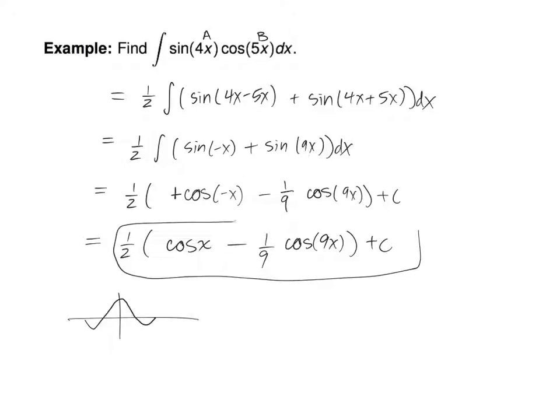Will WebAssign take either answer? It should. So that's the evenness of cosine that made that happen. Cosine is even, so cosine of negative x is the same thing as cosine of x.